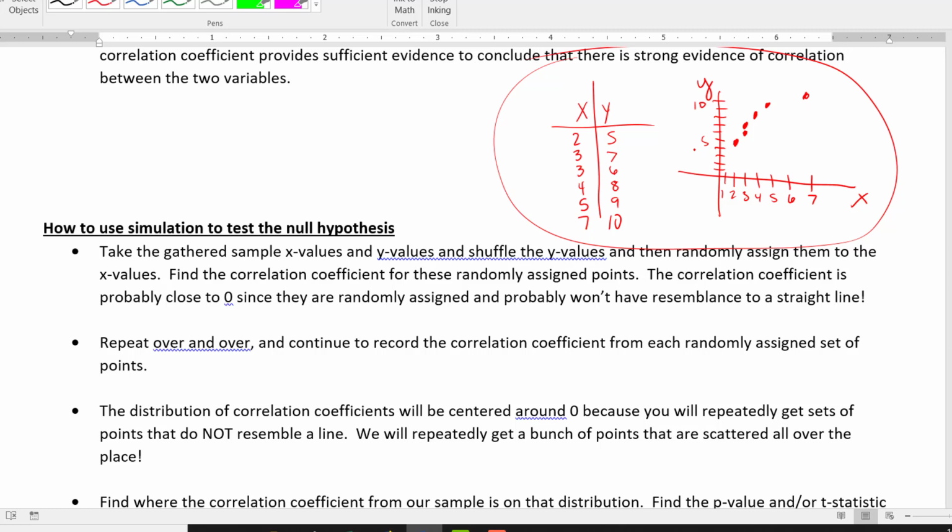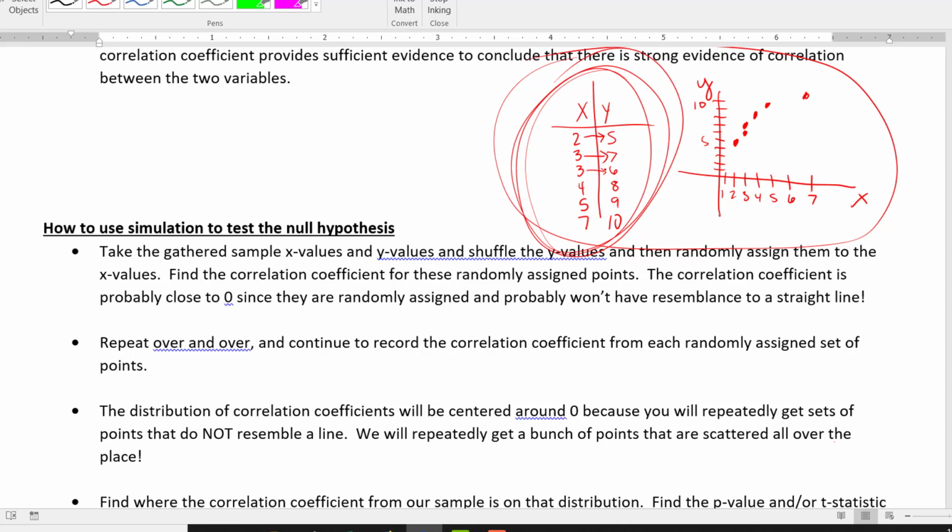What we're going to do in the simulator when we do this hypothesis testing is take this sample set of points where each x is mapped to a specific y value, where my x equals 2 is paired with y equals 5. My x equals 3 is paired with 7. This x equals 3 is paired with 6, and so forth.